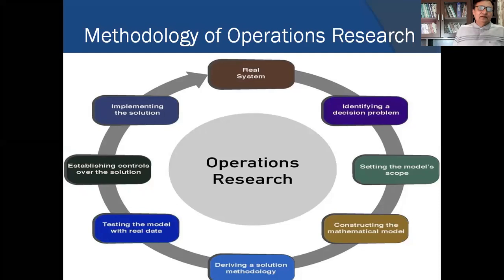After analyzing the real system, we go towards identification of the decision problem. First, we find out what problem a management or an organization is facing, and on that basis the problem has to be defined clearly. For example, at the outlook, it seems that we are not getting a high level of profitability because of the price level.